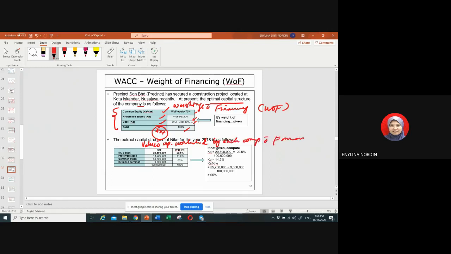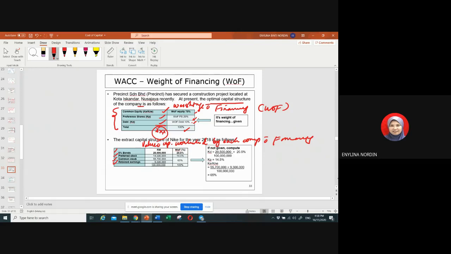So what are the components of the financing of this company? It is bonds, preferred stock, common stock, and retained earnings. The total is 100 million. Next, we need to determine the WOF. It is the weightage of financing.